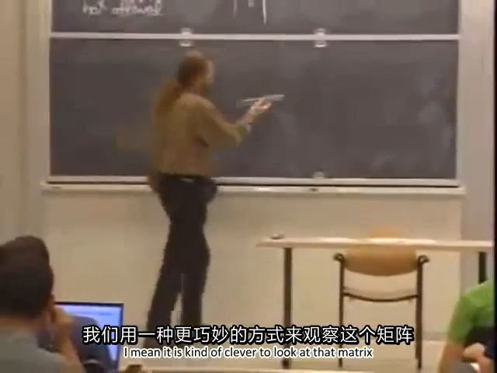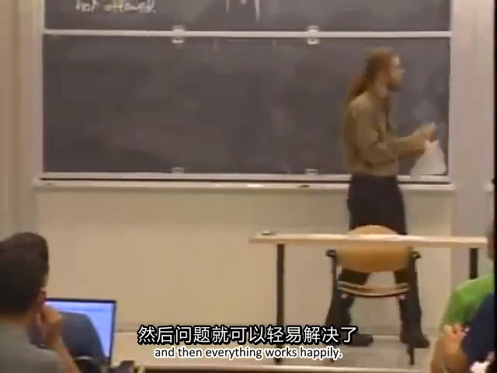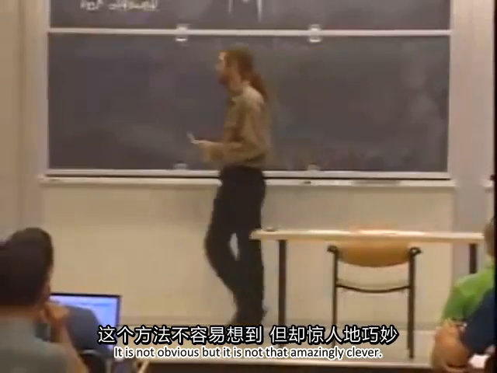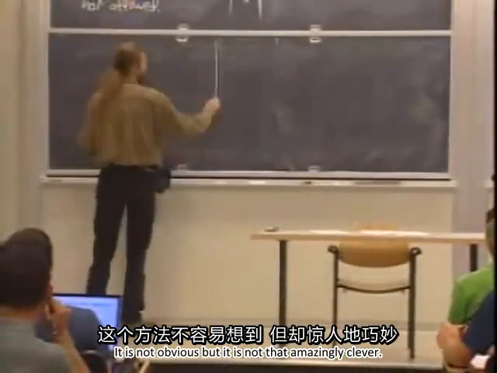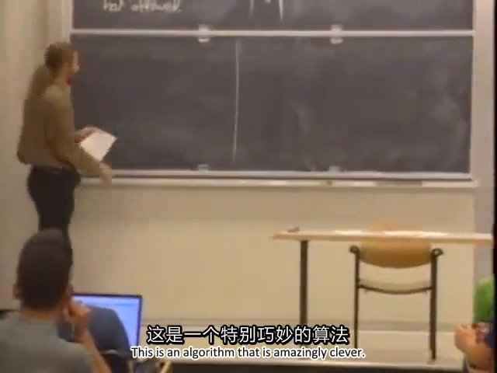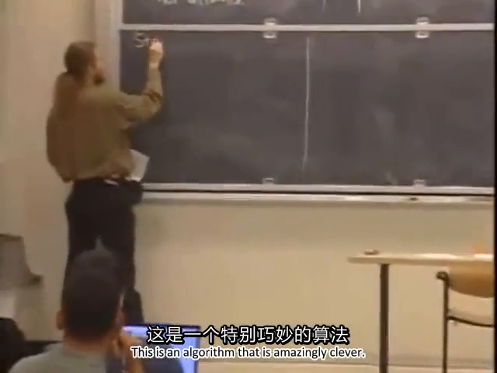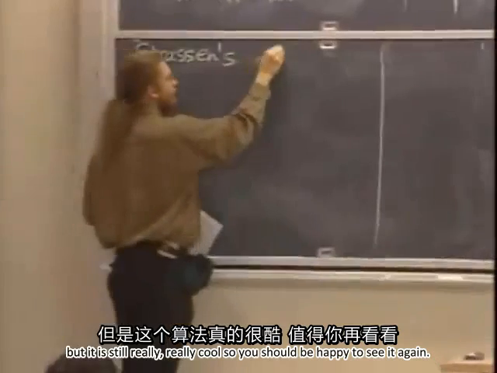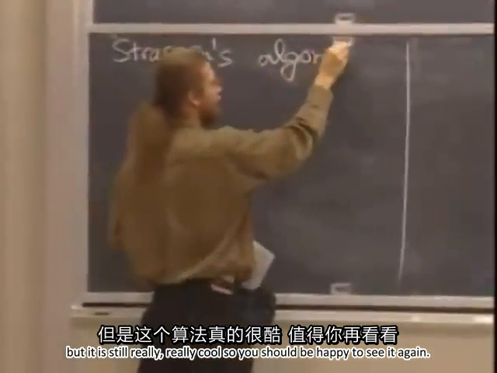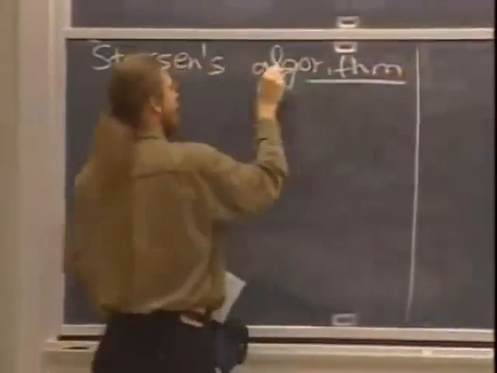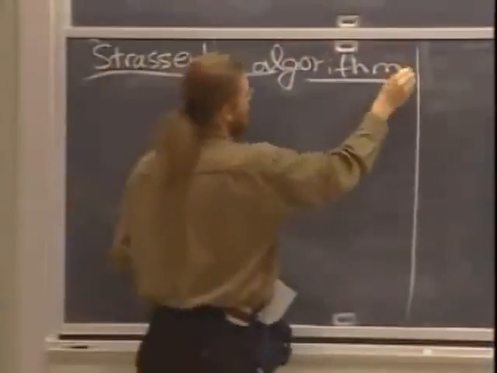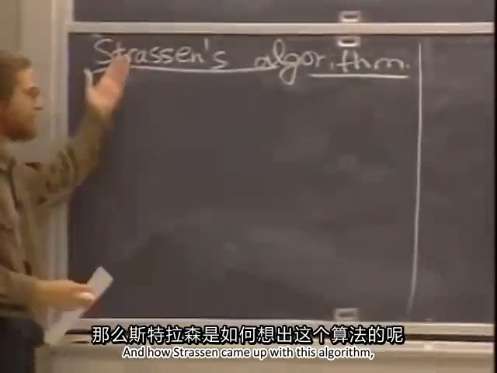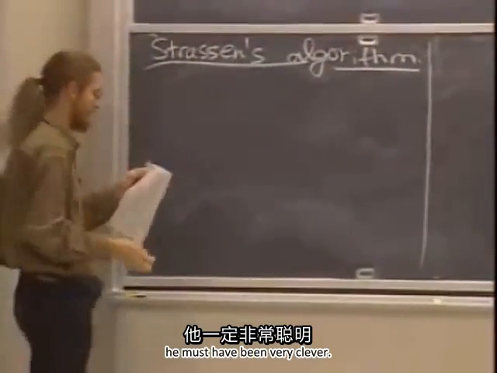I mean, it's kind of clever to look at that matrix and then everything works happy. It's not obvious, but not that amazingly clever. This is an algorithm that is amazingly clever. You may have seen it before, which steals the thunder a little bit. But it's still really, really cool. So you should be happy to see it again. And how Strassen came up with this algorithm, he must have been very clever.